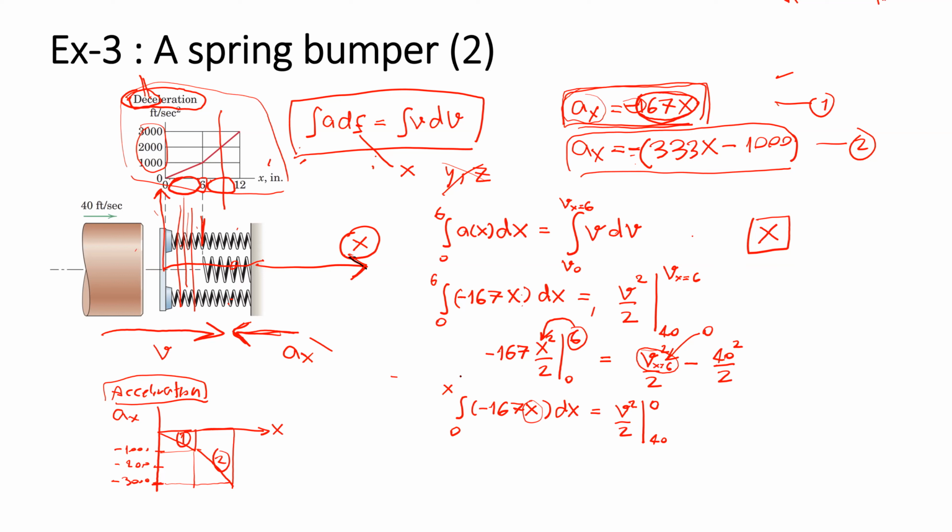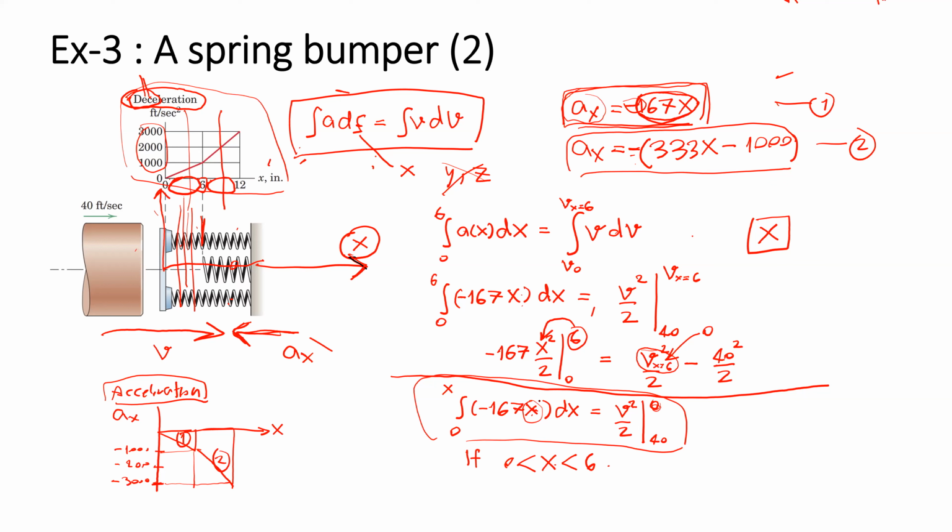If we solve with your suggestion and the x that we compute is between 0 and 6, your calculation is satisfied, because the system stops somewhere between 0 and 6, and we only use one equation for the acceleration.